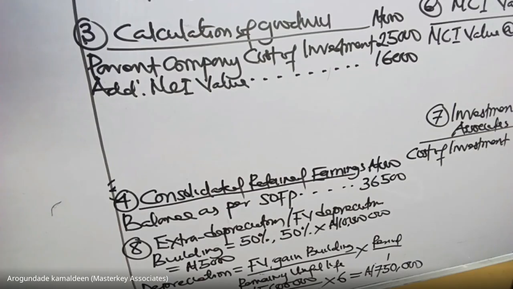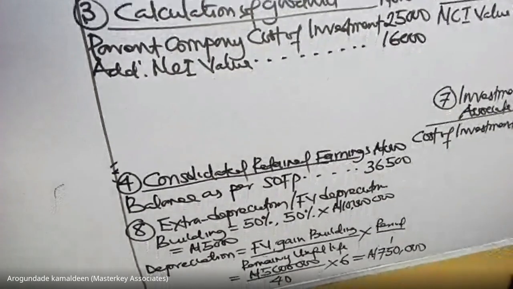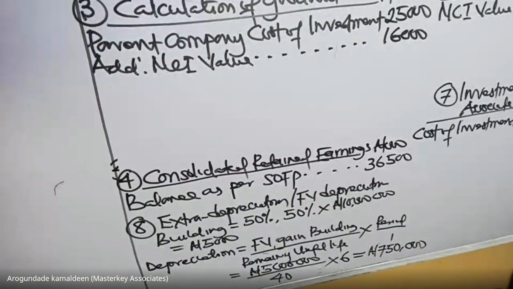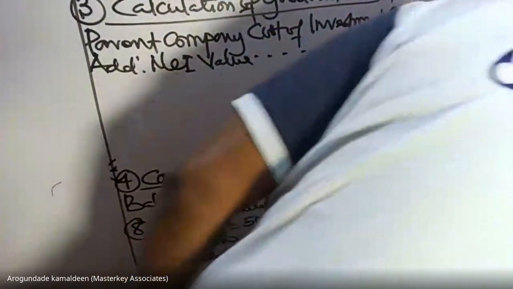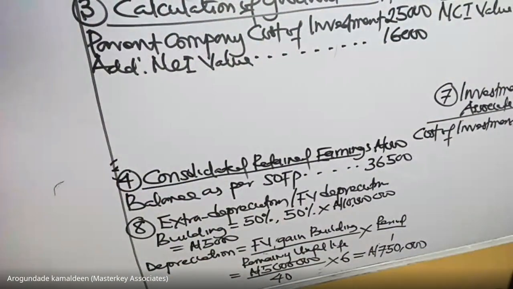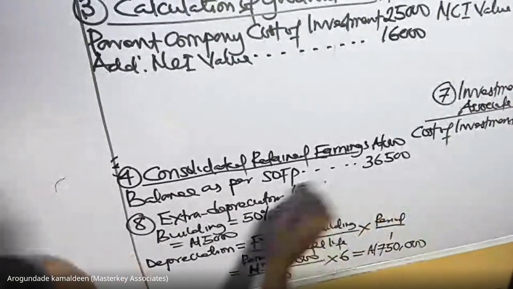Class, we have used that, but we also need the parent company share of post-acquisition reserves of the associate. I will make it here as note 9.